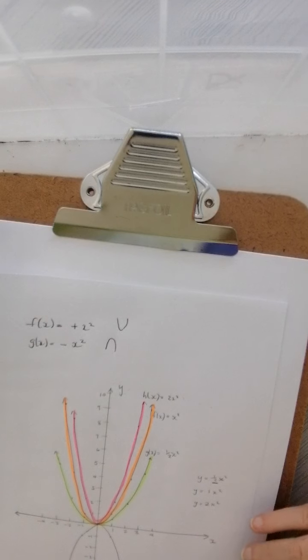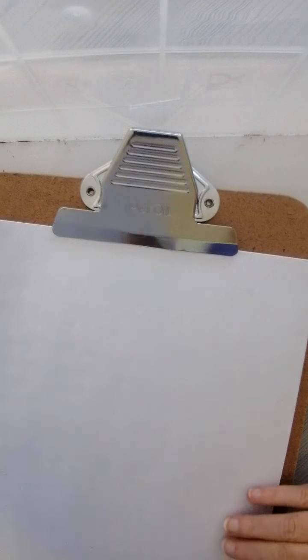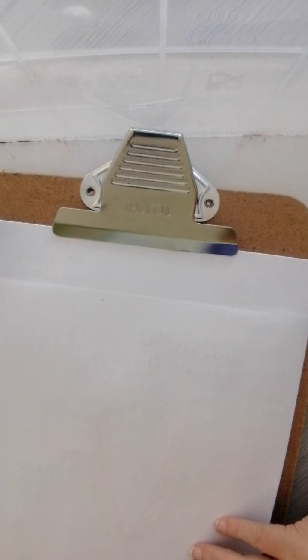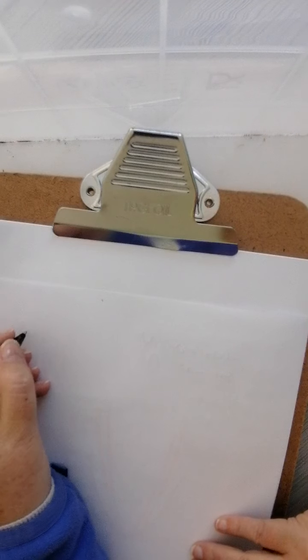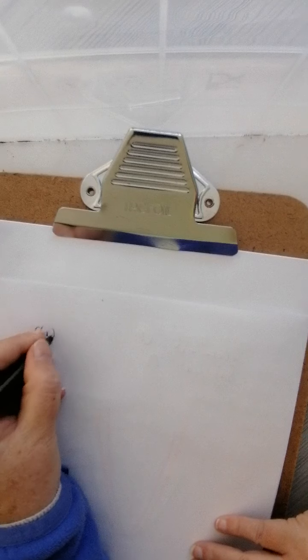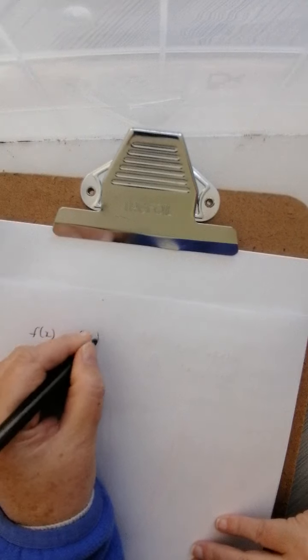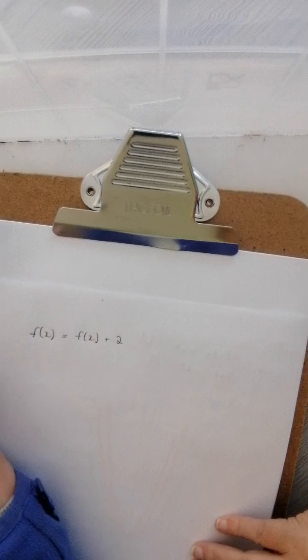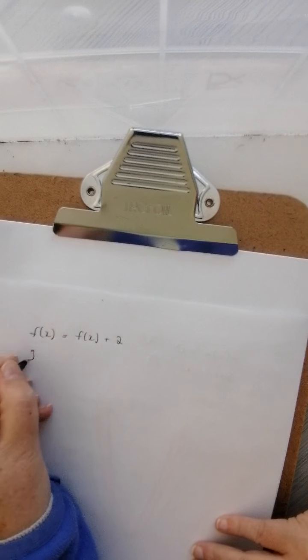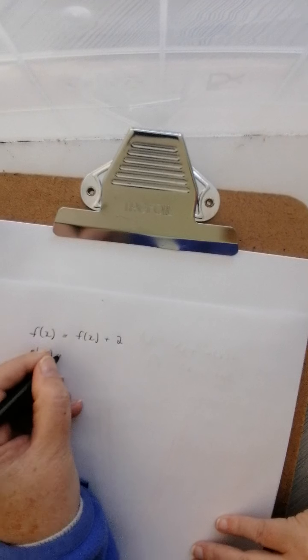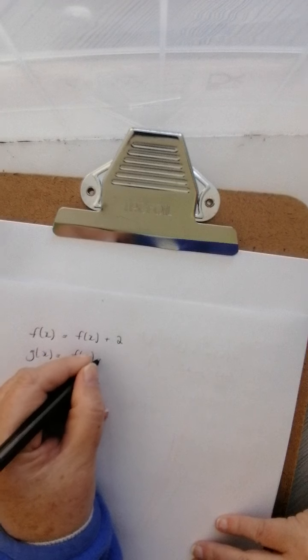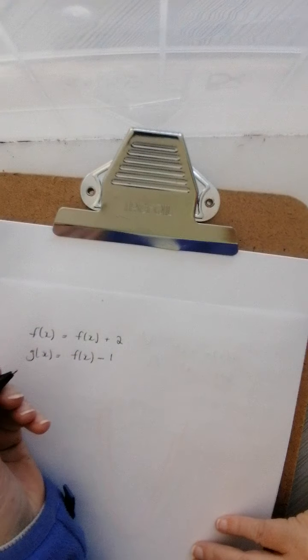Now I'm going to give you some other ones that I want you to try. I want you to try and do fx is equal to fx plus 2 and gx is equal to fx minus 1.